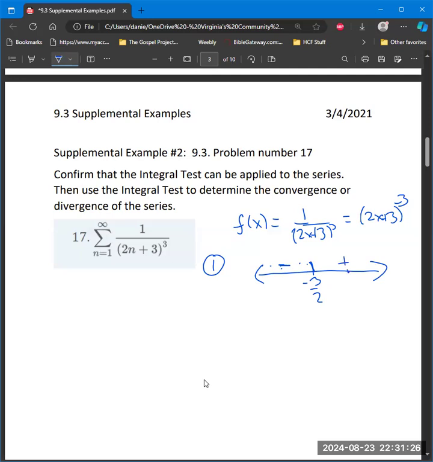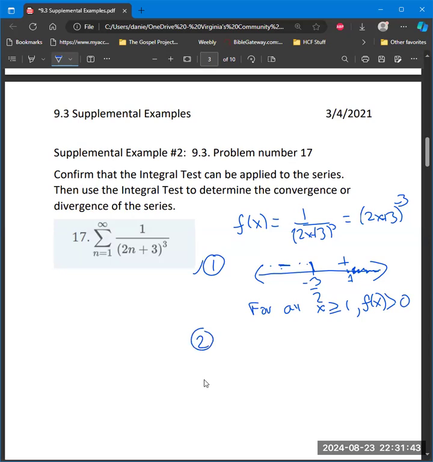Well, 1 is over here. So for all x greater than or equal to 1, f of x is greater than 0.